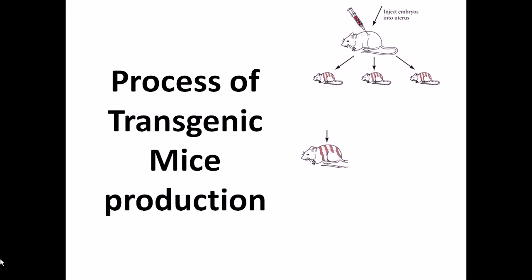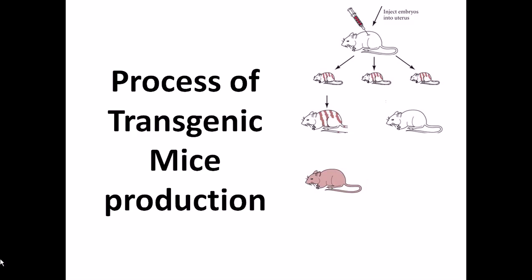So once we have this progeny, we take one of these progeny mice and cross it with another mouse from the system, which is a wild type, to find out exactly whether our embryo is implanted or not. After this cross, we can have a heterozygous mouse produced. The heterozygous mouse, as you can see here, is brown in color.